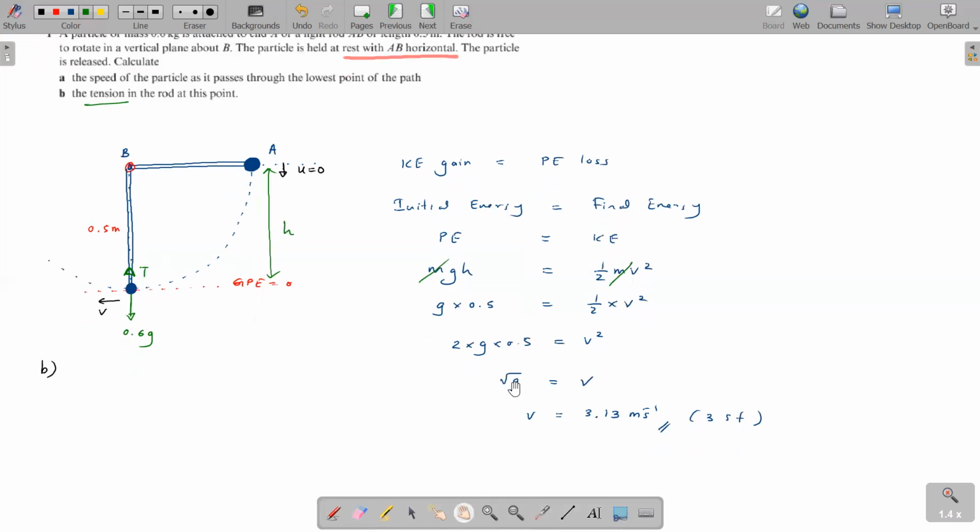So the rule is, in circular motion, you apply F equals ma towards the center. At the bottom point, the center is directly up, so you need to apply F equals ma upwards, because we always apply F equals ma towards the center, depending on the position. In vertical circular motion, F equals ma definitely depends on where the particle is. Here F represents the centripetal force.